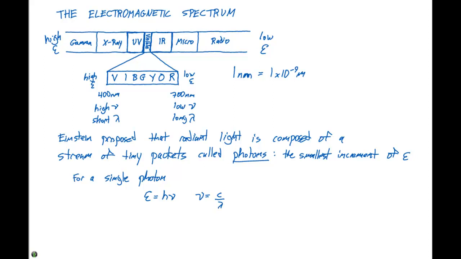So the relationship that we can come up with is E is equal to hc divided by lambda, where h is equal to Planck's constant, which is 6.626 times 10 to the minus 34 joules times seconds. And this relationship will allow us to do various sample problems relating wavelength to energy and frequency.